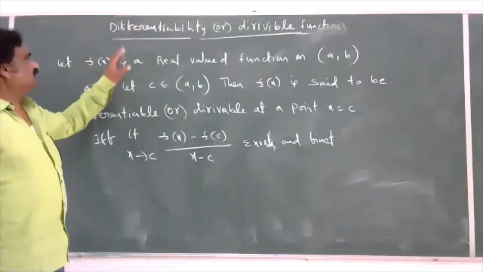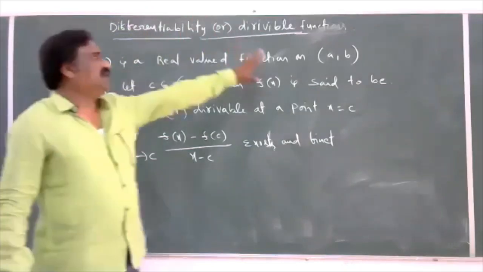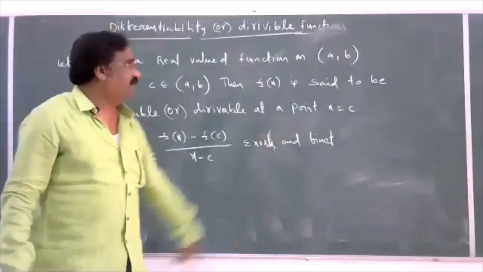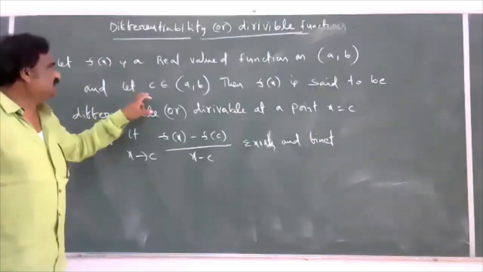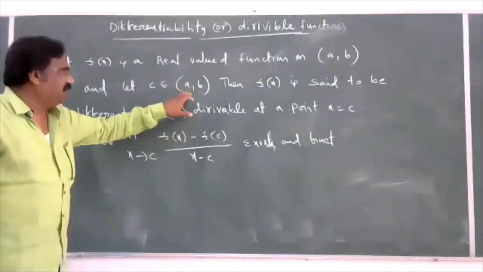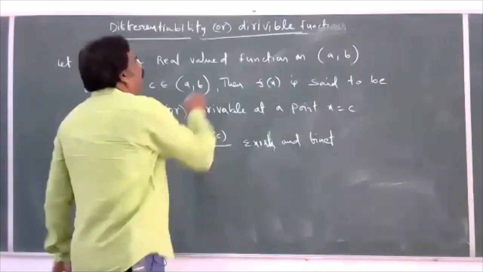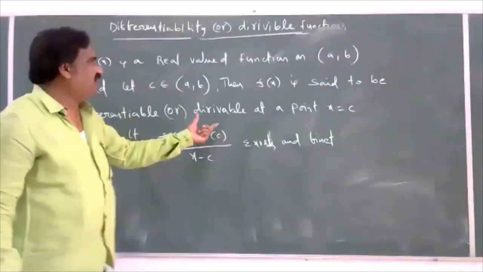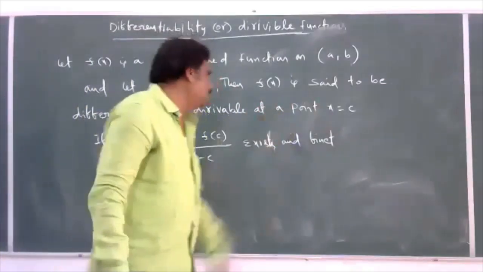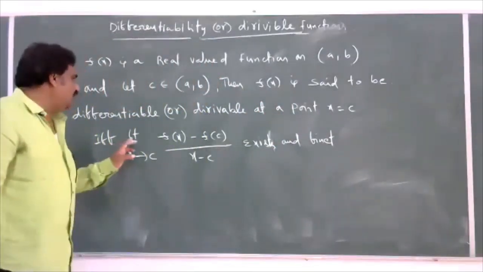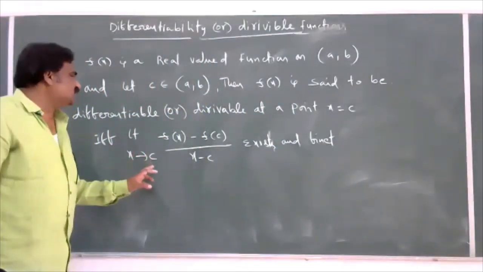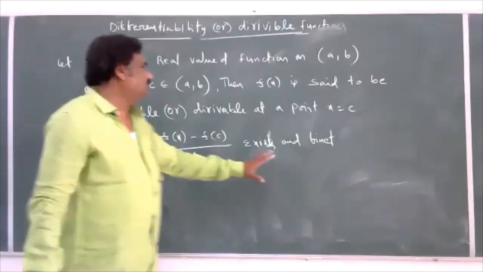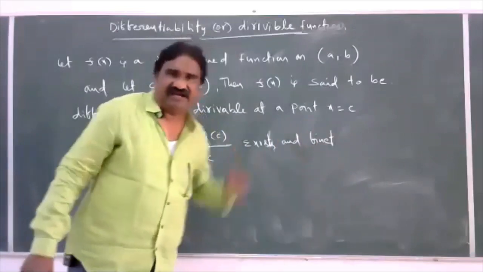Let f of x be a real valued function on an open interval (a, b) and let c belong to (a, b). Then f of x is said to be differentiable or derivable at a point x is equal to c if and only if the limit as x tends to c of (f of x minus f of c) by (x minus c) exists and is finite.